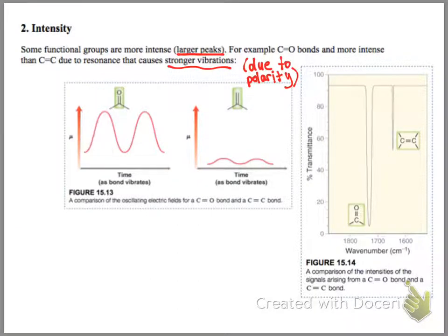So it's going to give us a stronger peak. And the peak in the IR is going to go almost all the way down to the bottom. And that's, we say, a very intense peak or a strong peak, and that would be indicative of a C double bond O, a carbonyl. And a carbon-carbon double bond is also there, but it's definitely going to be shorter because it's not polar.